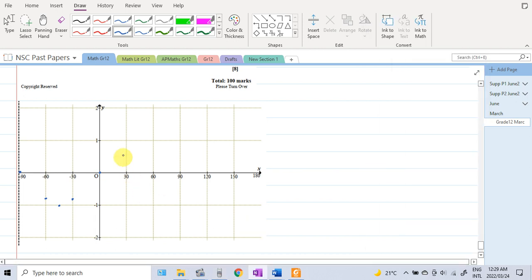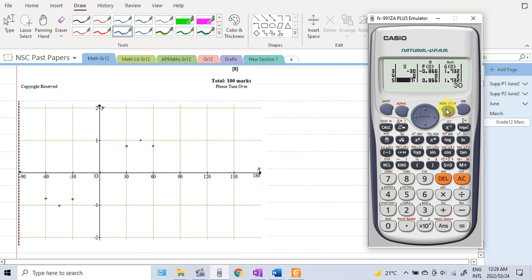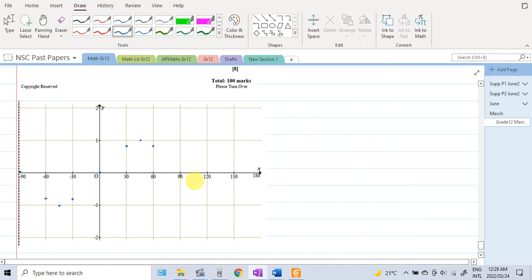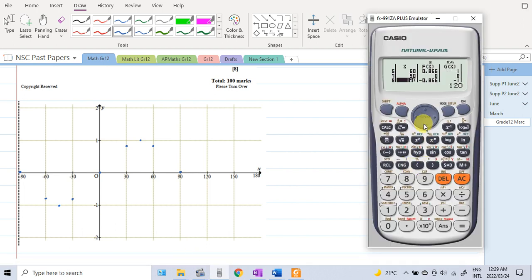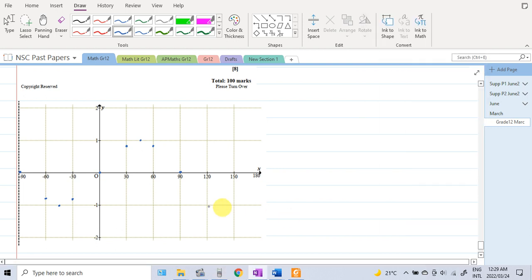At 90 we got 0. At 120 we're getting negative 0.866, at 150 the same, and then 0 again at 135, in between. And at 180 it is 0 again.